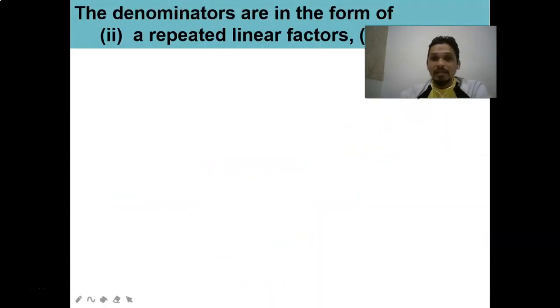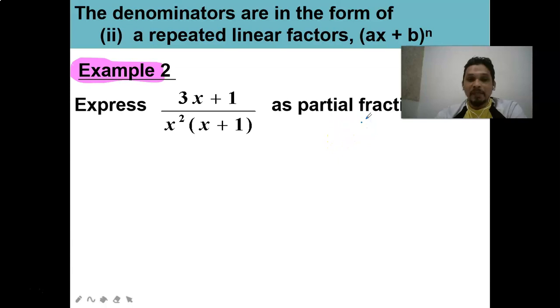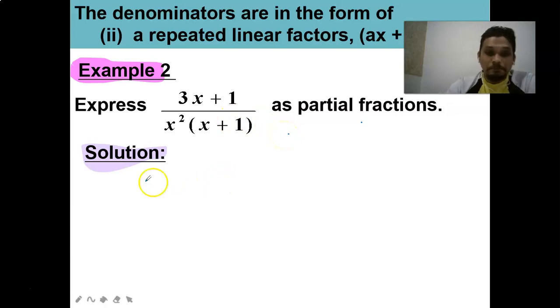Okay, now the second example, repeated linear factors. Okay, so express this as a partial fraction. Then the first one here now, we come up with 3x plus 1 divided by x squared, and then multiply with x plus 1.